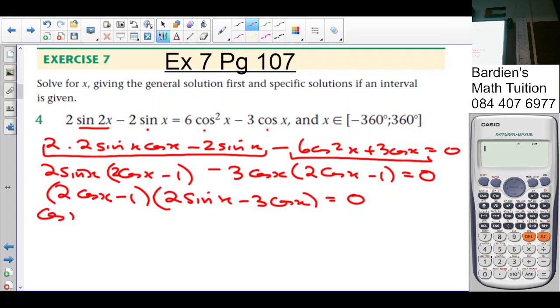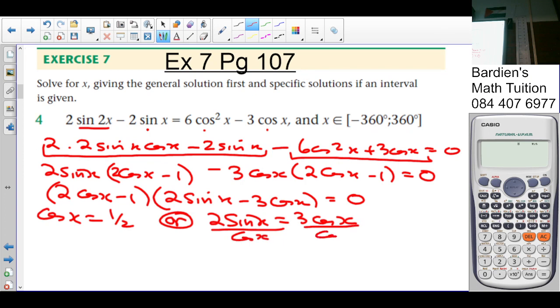So now we can say that cos x is equal to half, or 2 sin x is equal to 3 cos x. Sine over cos is tan. So tan x is going to be 3 over 2. From here, you can do your general solution story.